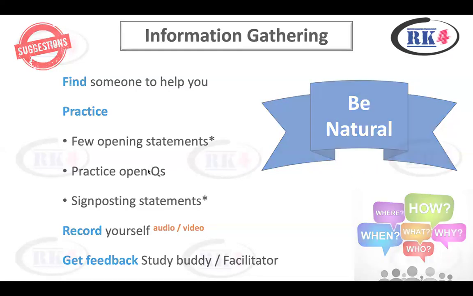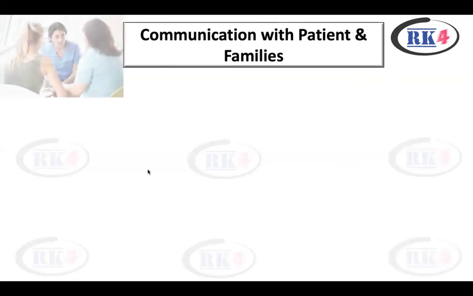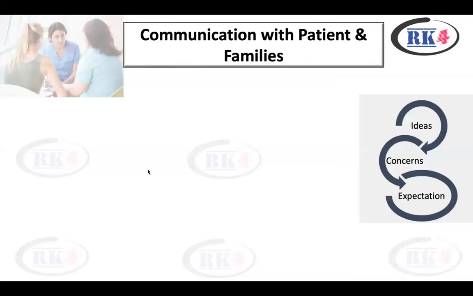Now comes a very, very important domain, communication with patients and their families. Before you tackle this domain, you need to know about ice breaking. We call it ICE: you need to get the ideas, the concerns, the expectations. Does the patient have any idea why she's there?